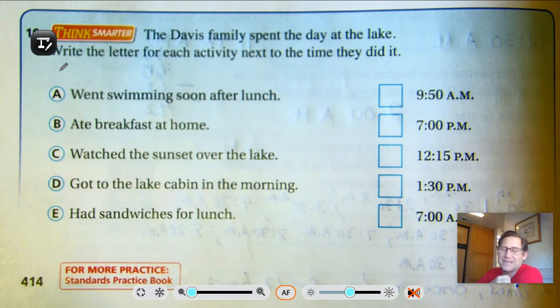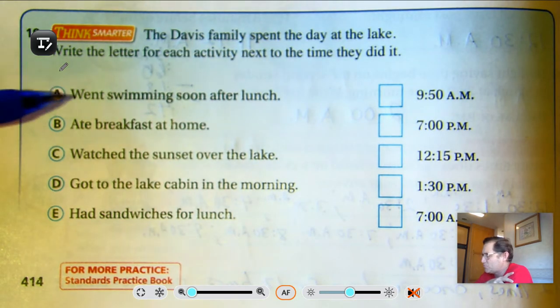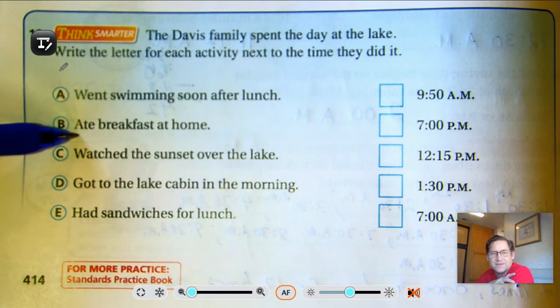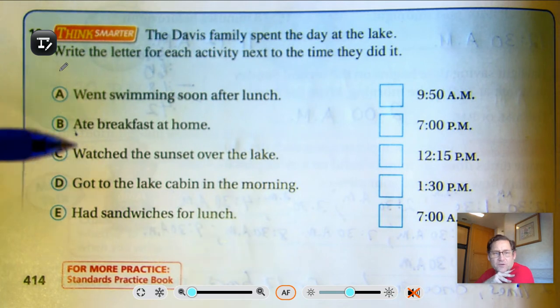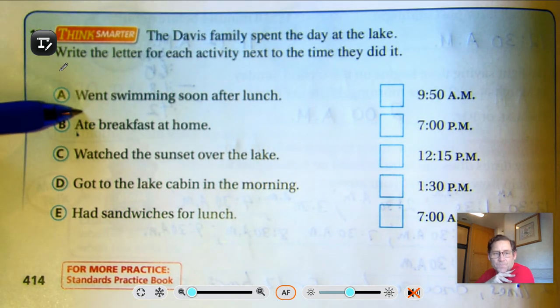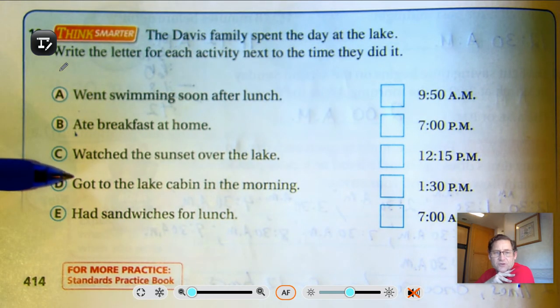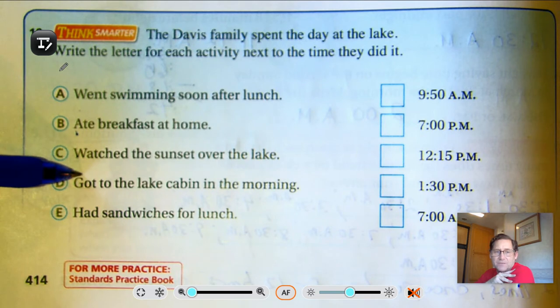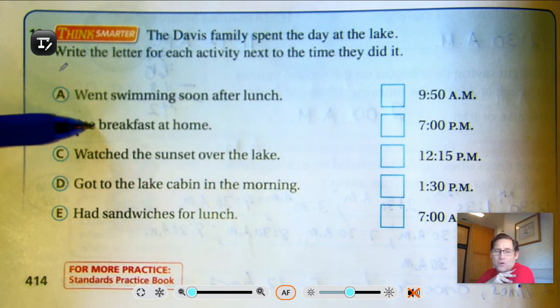All right, so let's kind of just put these things in a number order. So they couldn't have went swimming before they ate breakfast at home. They couldn't have watched the sunset over the lake before eating breakfast at home. They couldn't have ate breakfast at home after they got to the lake cabin in the morning because it says ate breakfast at home.